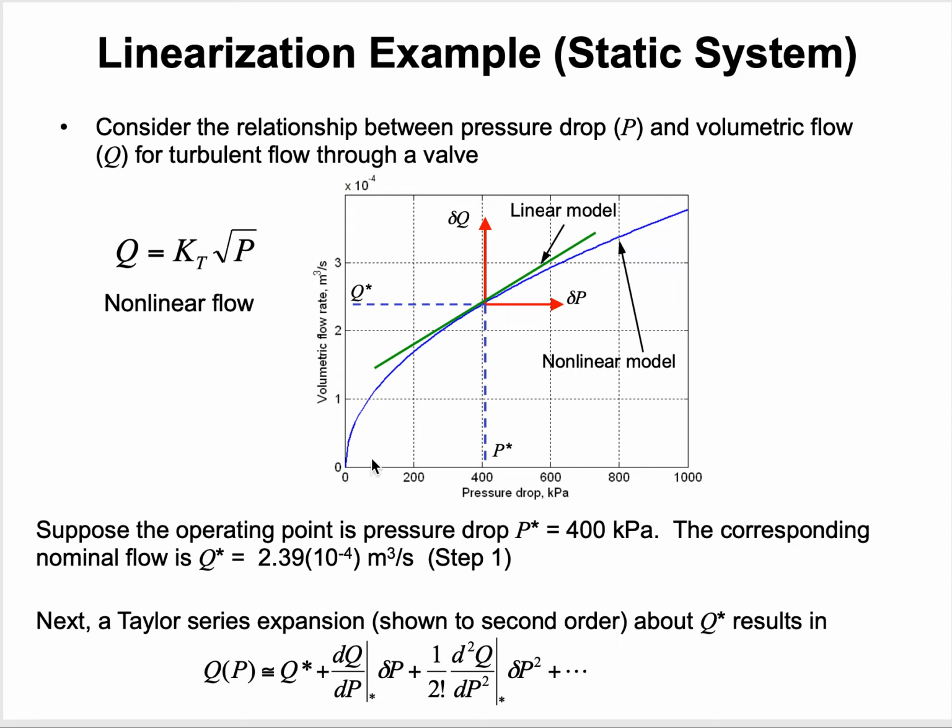So the P versus Q curve is that blue curve. We would like to approximate this with a linear model. So that linear model will be valid around the operating point, which is P star, at 400 kilopascals, and the flow rate corresponding to that. I can find the flow rate corresponding to that from that equation.